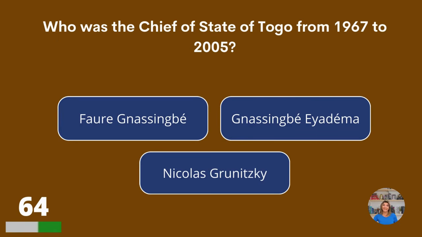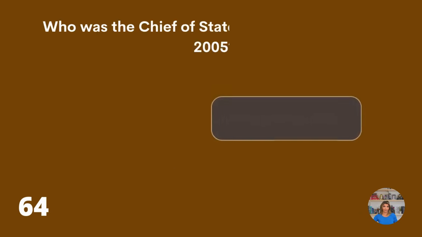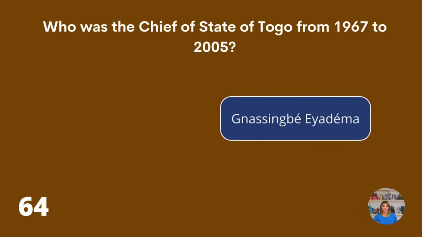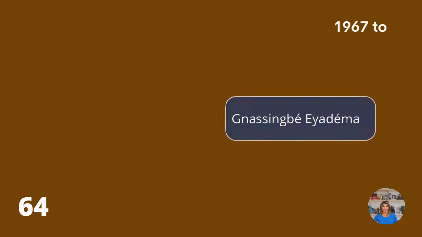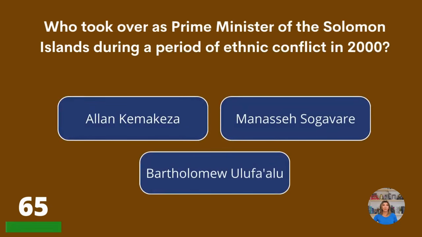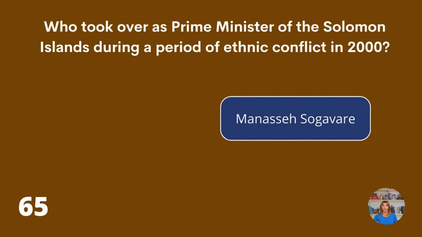Foire Nasingbe, Nasingbe Eyadema, or Nicholas Grunitsky? Eyadema. Who took over as Prime Minister of the Solomon Islands during a period of ethnic conflict in 2000? Alan Kemakeza, Manasseh Sogavare, or Bartholomew Ulafalu? Manasseh Sogavare.